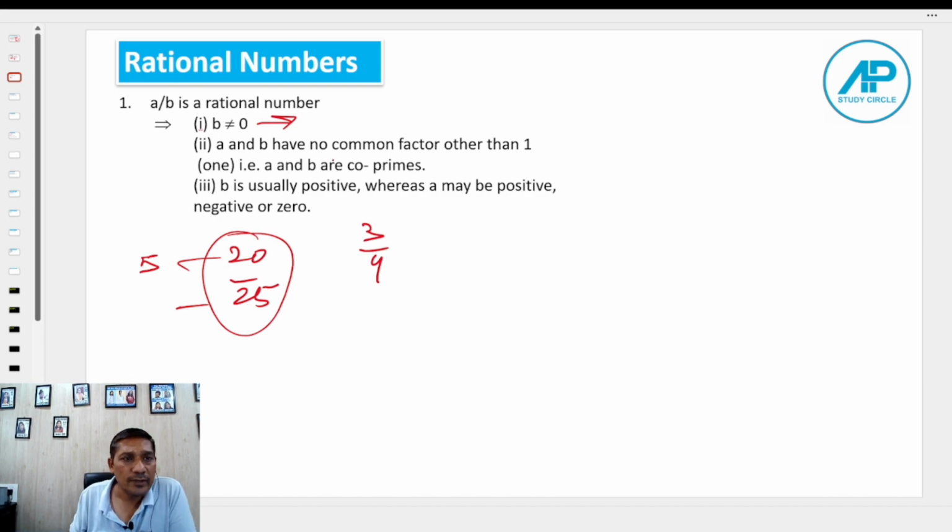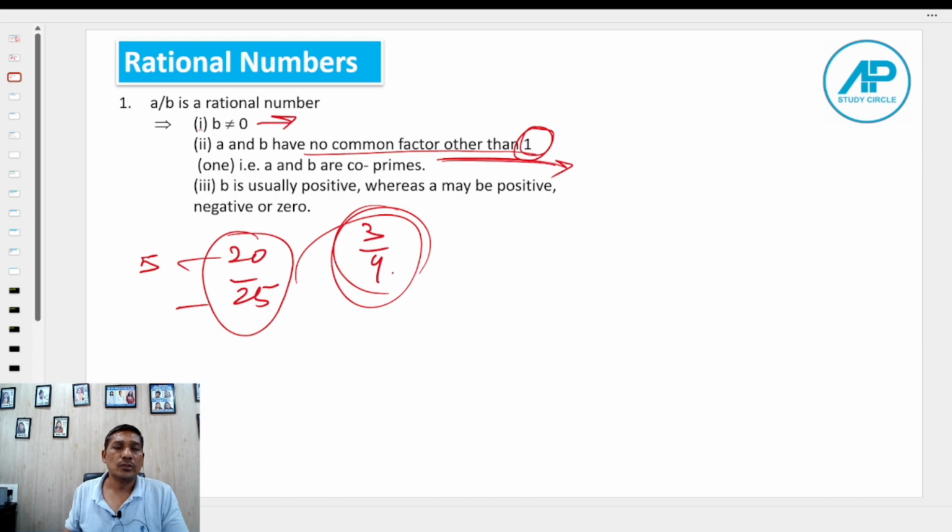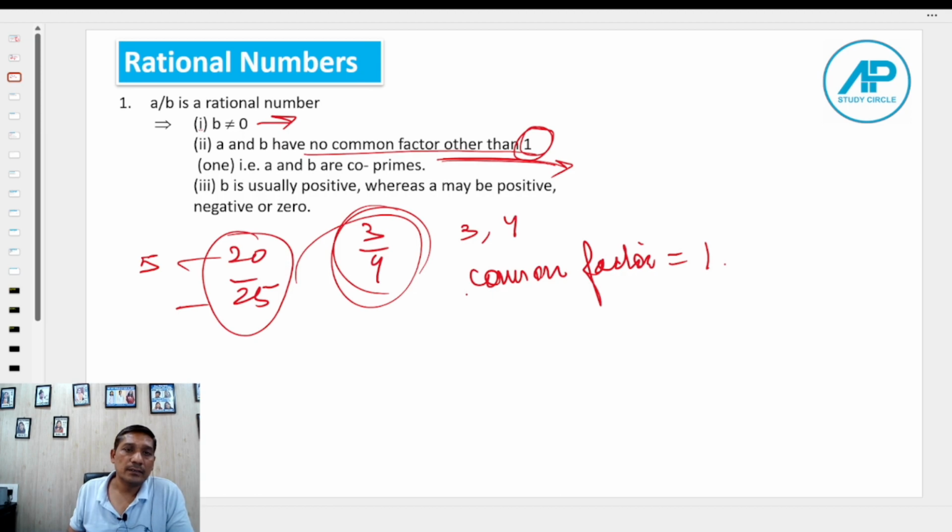Here it is saying that they have no common factor other than 1. जिसका कोई भी और कॉमन फैक्टर ना हो 1 के अलावा, ऐसे नंबर को रैशनल नंबर कहा जाता है। 3 upon 4 में 3 and 4 का कॉमन फैक्टर 1 होता है। तो जब तक मैं किसी भी फ्रैक्शन को इस तरह से रिप्रेजेंट नहीं करता हूं कि इन दोनों के अंदर कौन फैक्टर हुए, लाइक 5 upon 7, राइट, 10 upon 14 and this 5 upon 7.